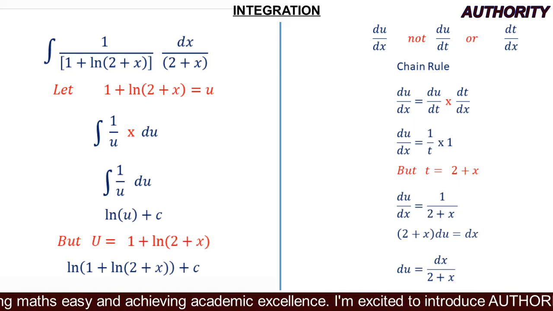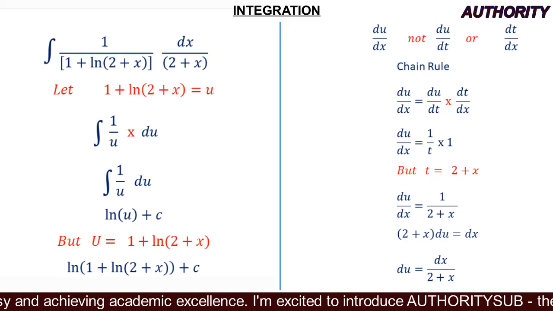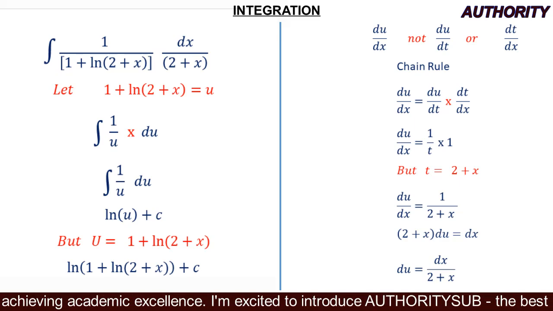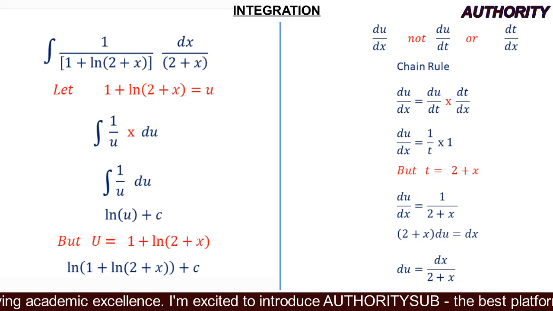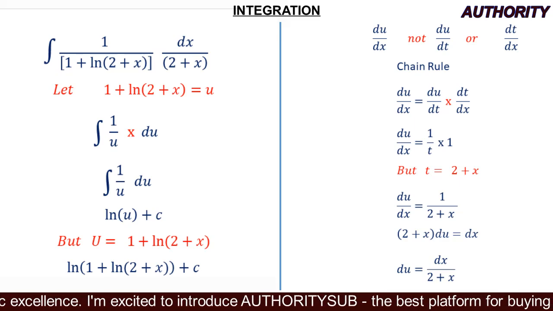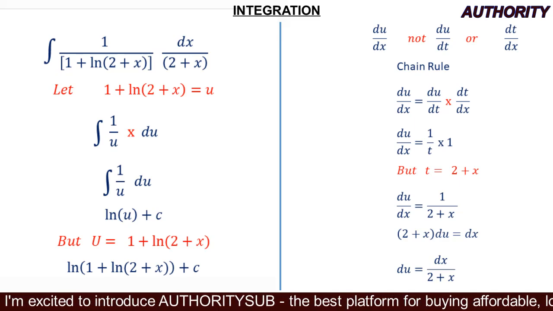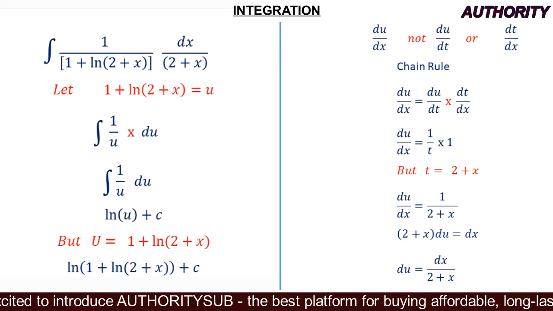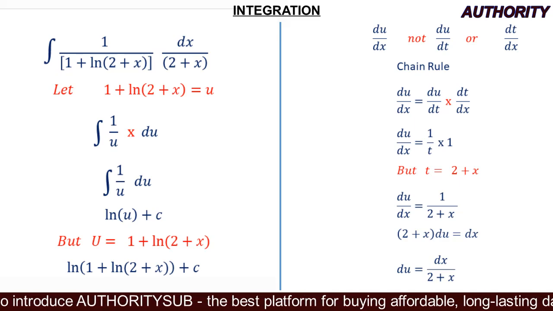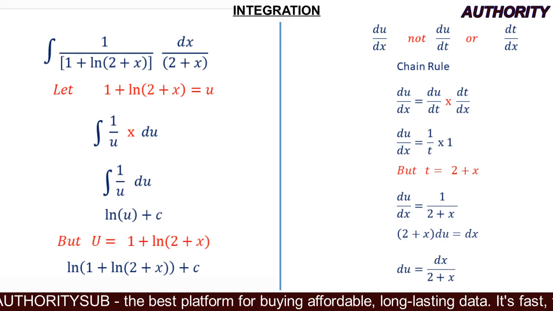So we started and we made our question simple for us, right? Then we declared a variable u to be what? 1 plus ln(2 plus x). Are we together? And then we tried to solve du with respect to x, that is du/dx, and we applied the chain rule. Then we said let t equal 2 plus x, and then we solved.